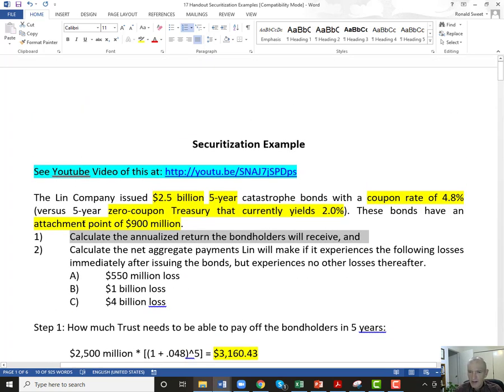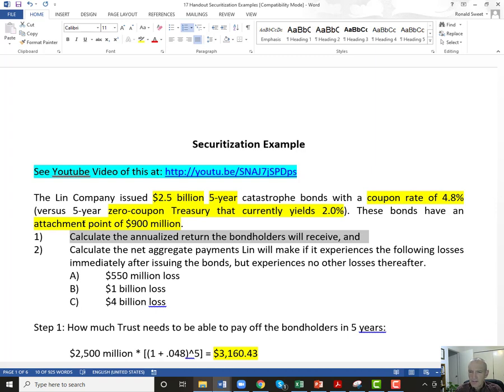Now, let me just make it really clear here. The way I have it set up here is not quite the way it works. Lin Company is setting up a catastrophe bond, but really what Lin Company is doing is setting up a trust, a separate company. They're called special purpose entities, SPEs. Lin Company is going to set up this company, and this company is going to be an insurance company.